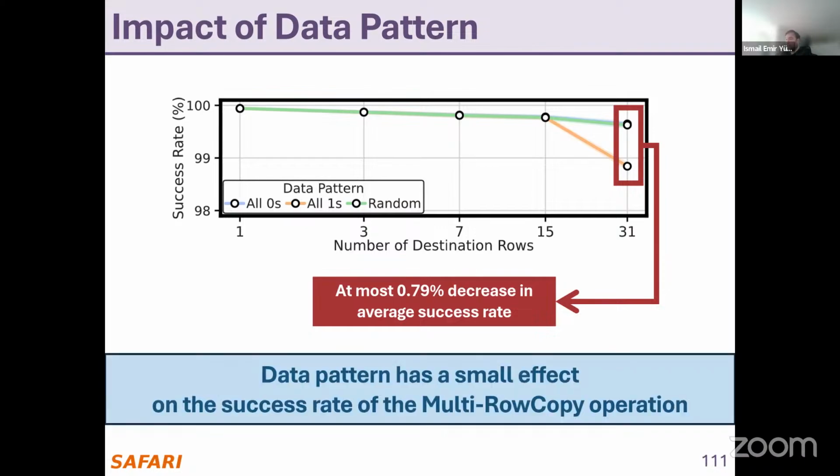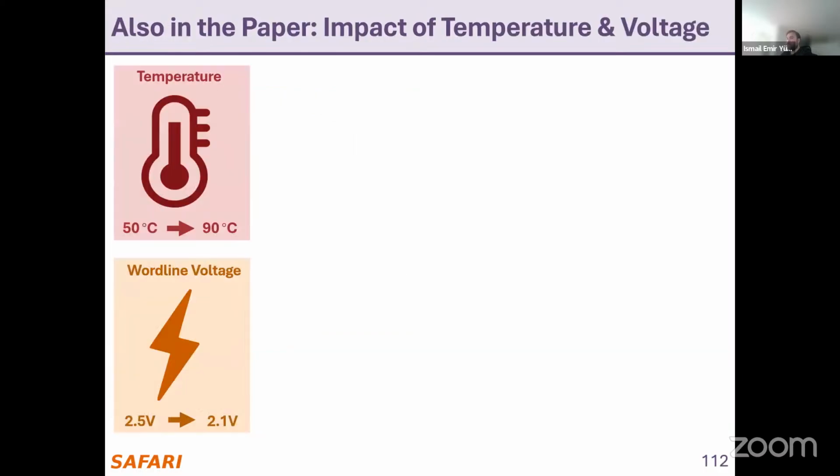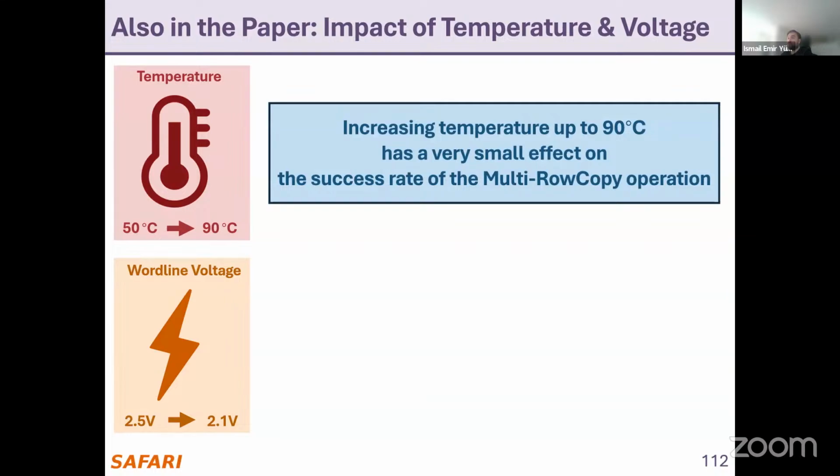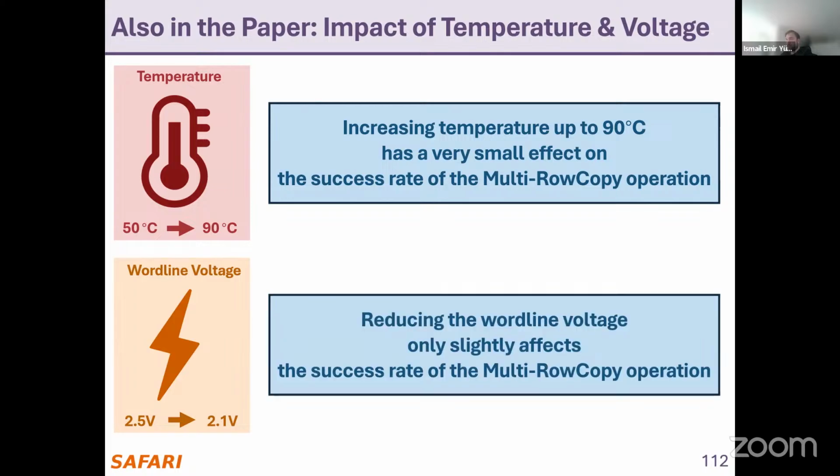We conclude that data pattern has a small effect on the success rate of the multi-row copy operation. We also analyze temperature and word line voltage effects, and increasing temperature up to 90 degrees has a very small effect on the success rate, and reducing word line voltage again only slightly affects the success rate of these operations.